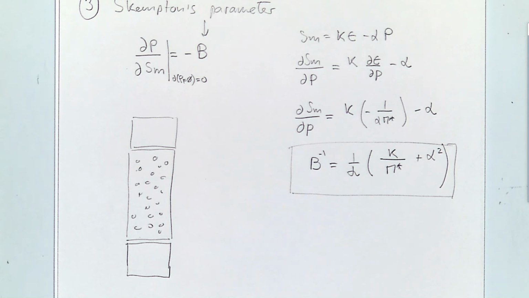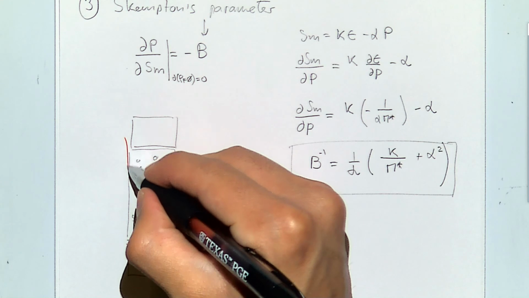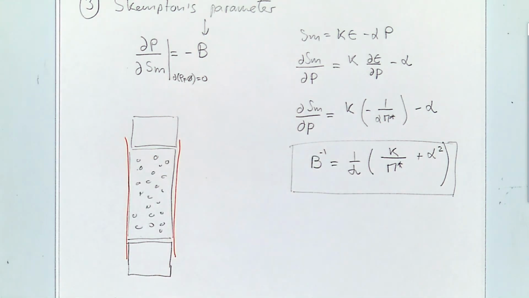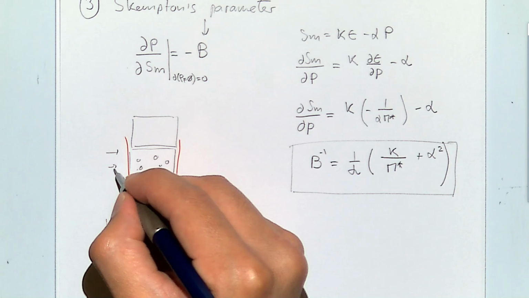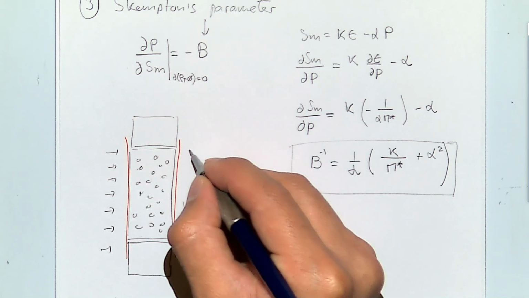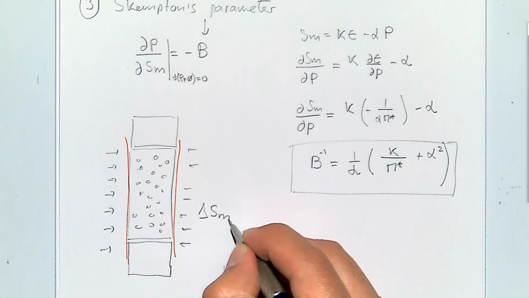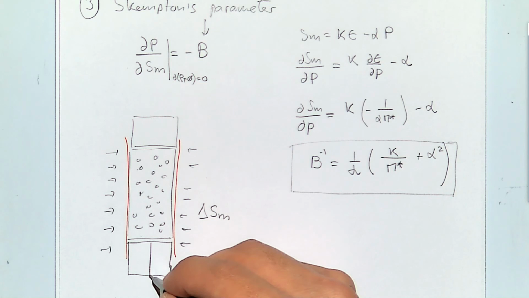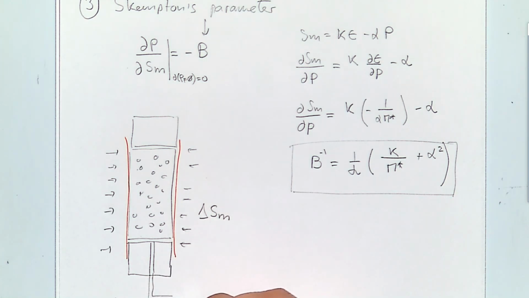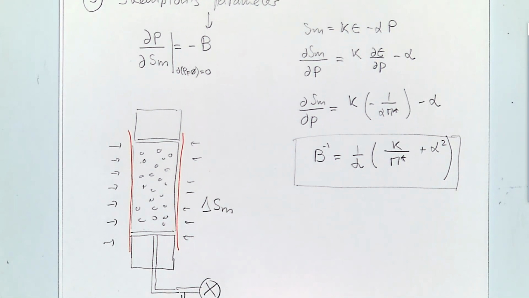And in order to check for that saturation, you want to measure this Skempton parameter, and basically you do that by increasing the confining pressure and measuring, under closed conditions, on a pressure transducer, the change in pore pressure.